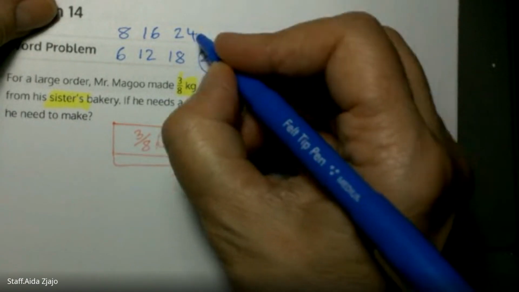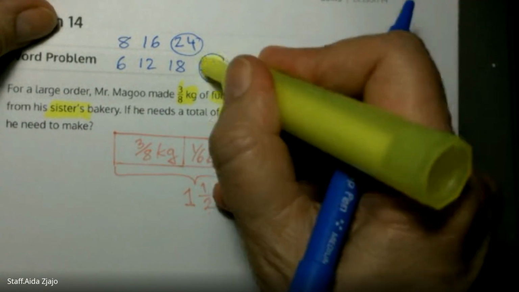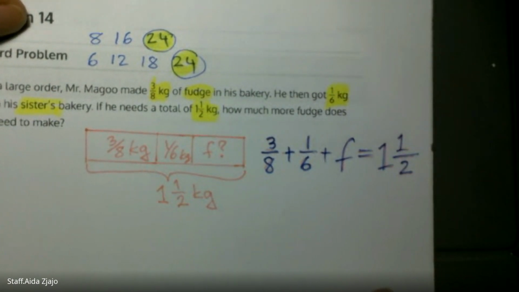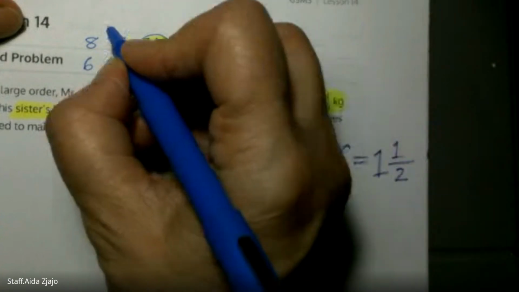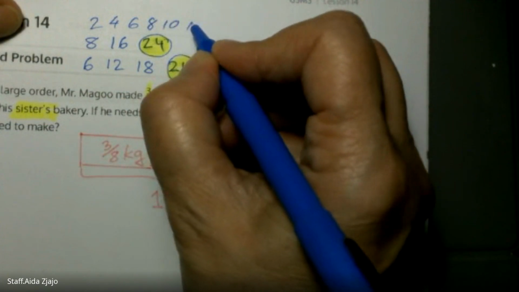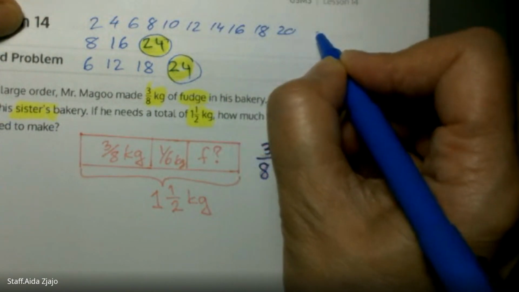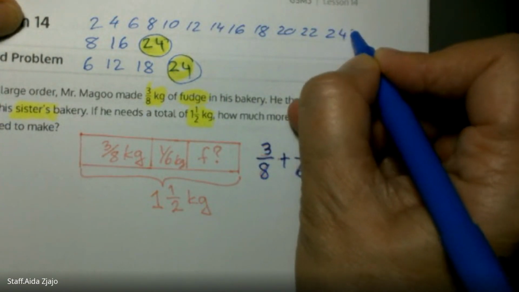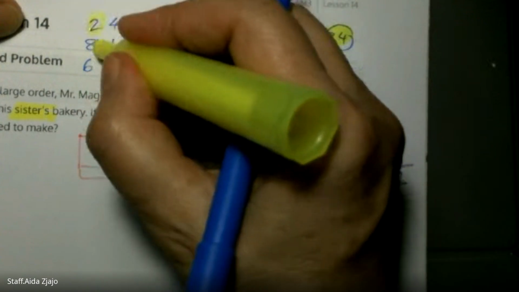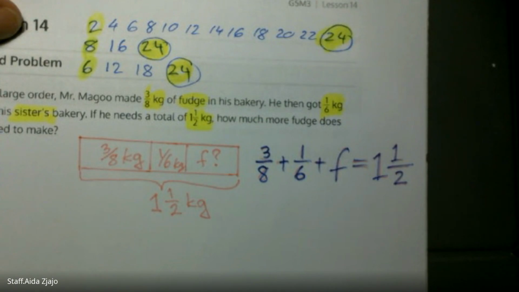So definitely our least common denominator for 8, 2, and 6 is 24. If you don't believe me, you can also count 2, 4, 6, 8, and so on up to 24.